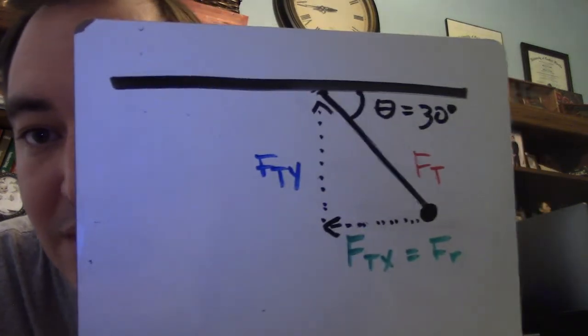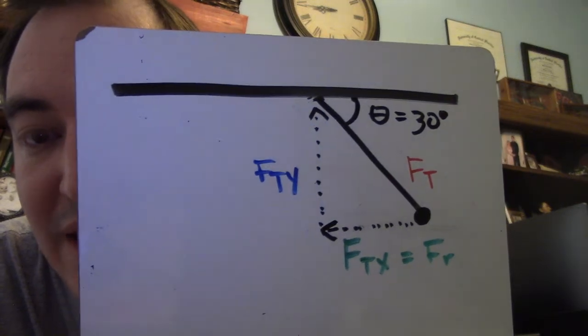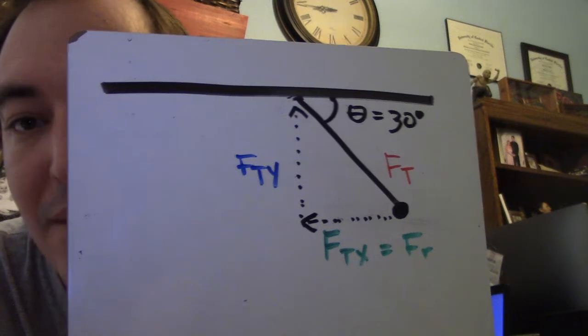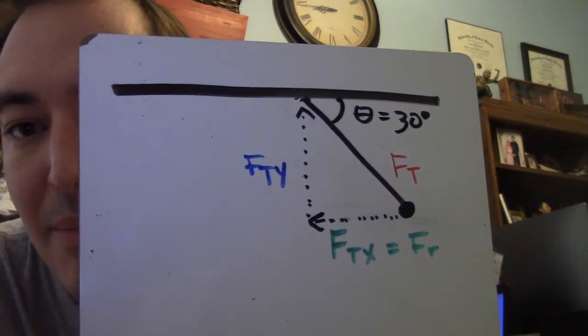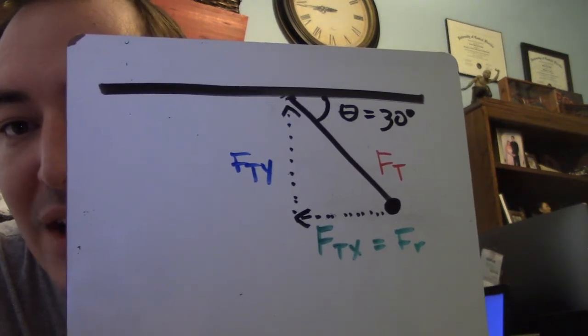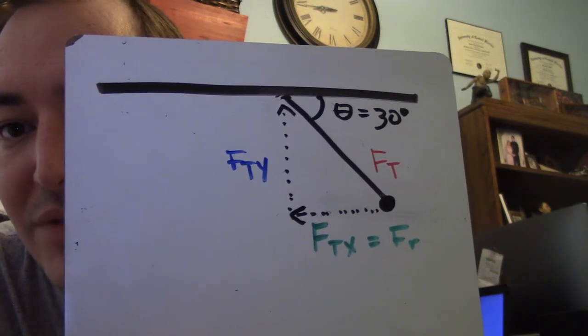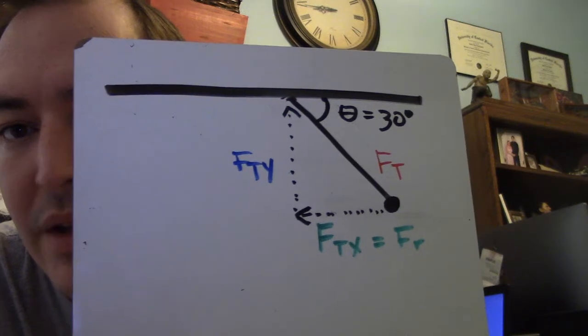So I have another piece set up for us here. Cool. When we take a look at that, we can go back and solve for these pieces by using this information, right? My force of tension makes the hypotenuse of a right triangle, and I can split that into these two pieces: force of tension y, which is going up, and force of tension x, which is going inward. Now, how do I know that?